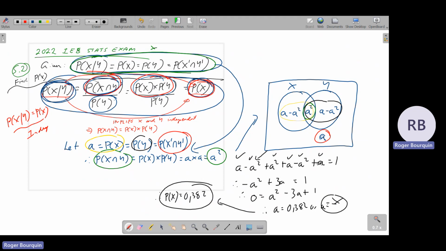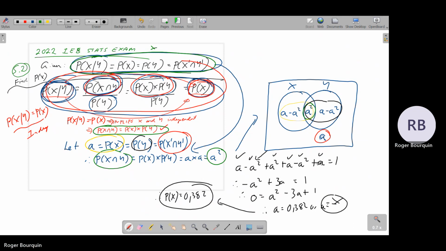So really, you didn't have to do this whole bit over here, but I would start with this: the probability of X given Y is equal to the probability of X, which implies X and Y are independent, which implies the probability of X and Y is equal to the probability of X times the probability of Y. By the way, I did this completely different to the memo, but I got exactly the same answer. So there must be something in what I did.